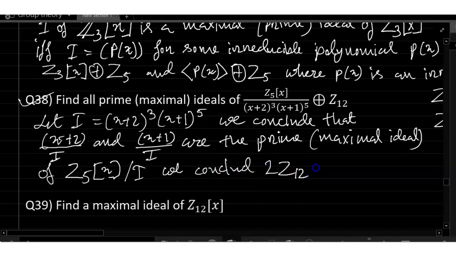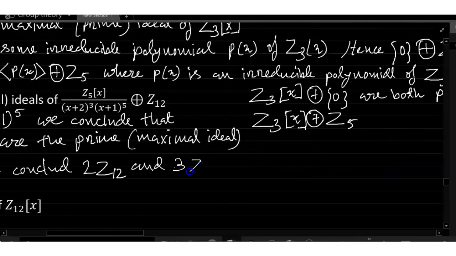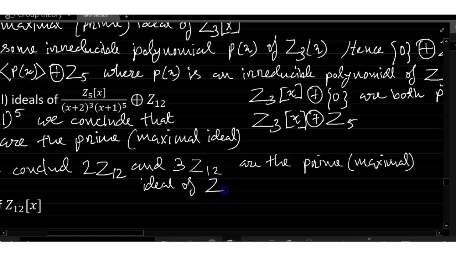We conclude 2Z12 and 3Z12 are the prime and maximal ideals of Z12.